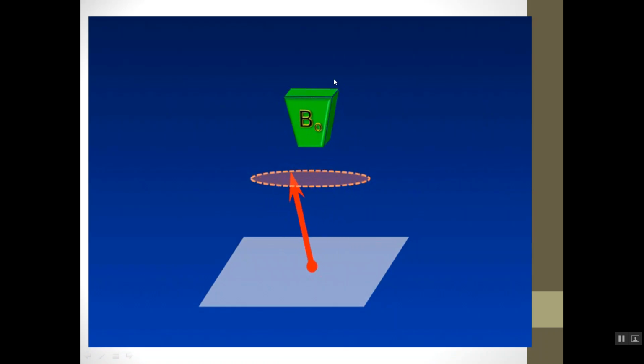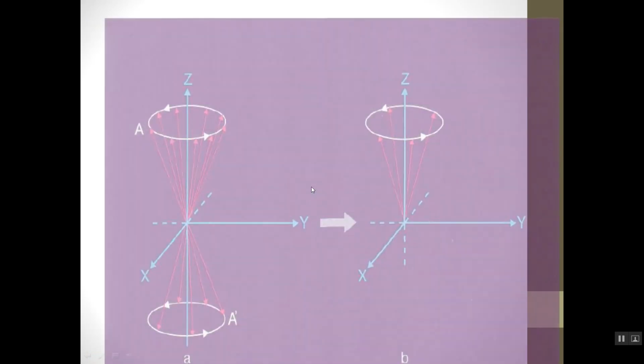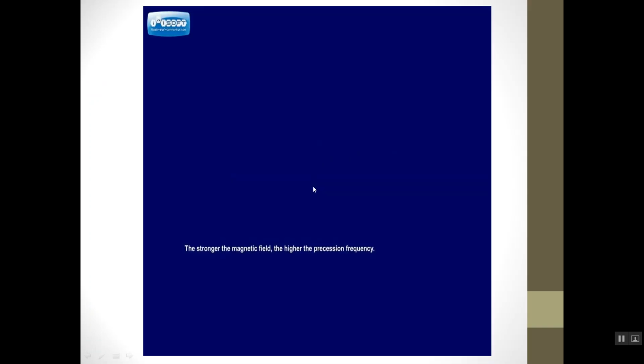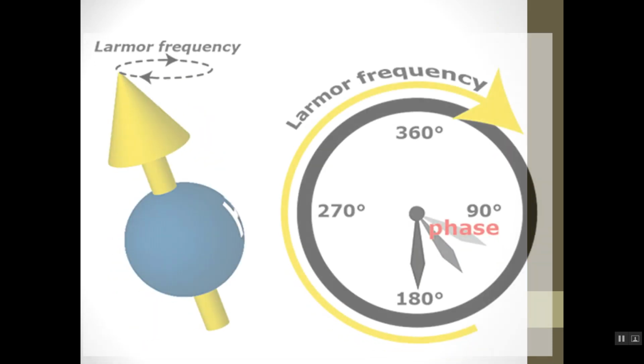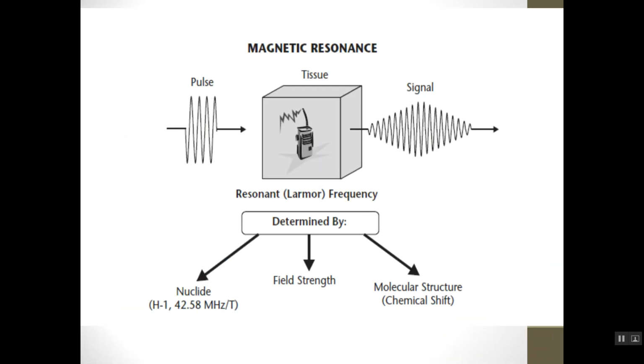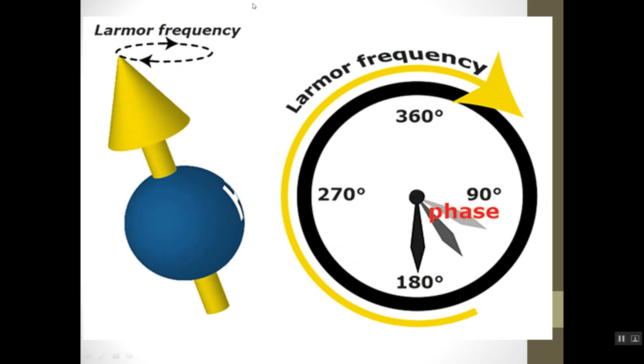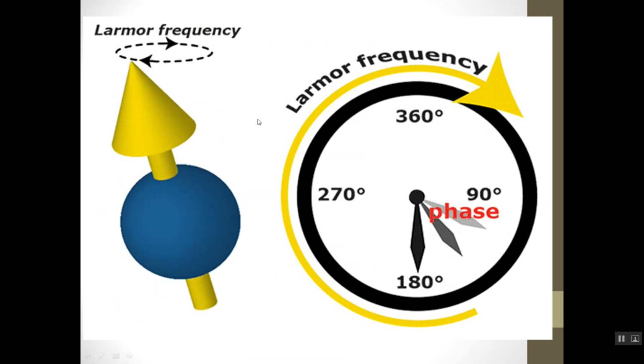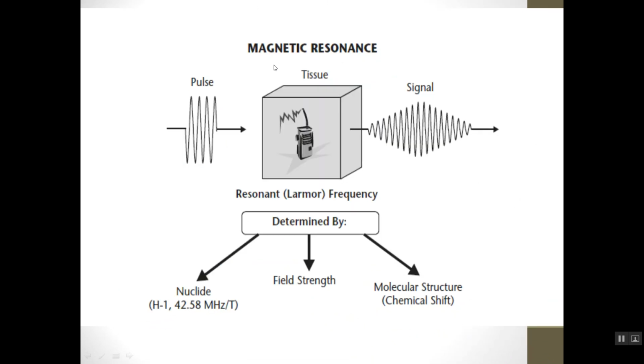As you see here the external magnetic field, and we represent the proton with this red arrow, and now the proton precesses around the external magnetic field. The precession frequency depends on the external magnetic force. Again, this frequency of precession is called Larmor frequency, which is related to the Larmor equation.